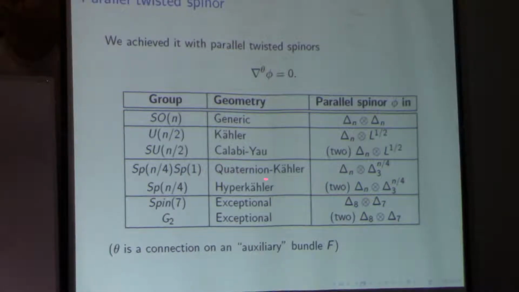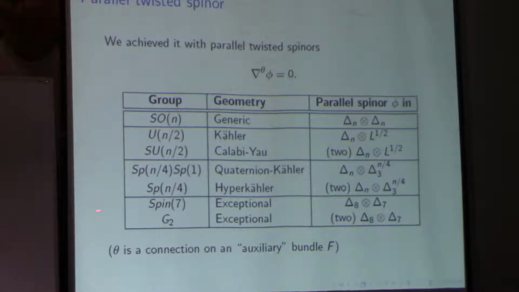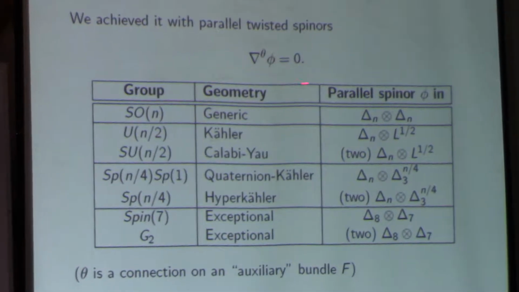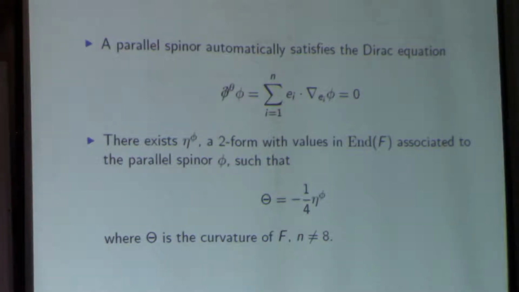So we succeeded in finding spinors whose stabilizer is exactly this thing, which therefore will give us parallel spinors on the manifold, according to a connection on an auxiliary bundle that we need. In other words, what we are trying to do to build this twisted geometry is unfold the geometry of the manifold into two factors, or various factors, and then get this parallelness. Okay? So, please bear with me as I get to that.